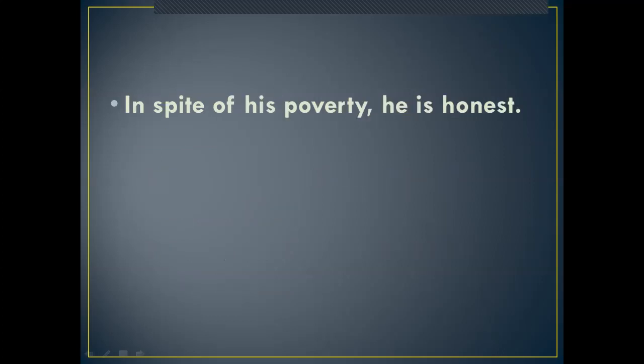Now here is one sentence I gave you: in spite of his poverty, he is honest. Identify whether it is a simple, complex or compound sentence. It cannot be a compound sentence because there is no coordinating conjunction.